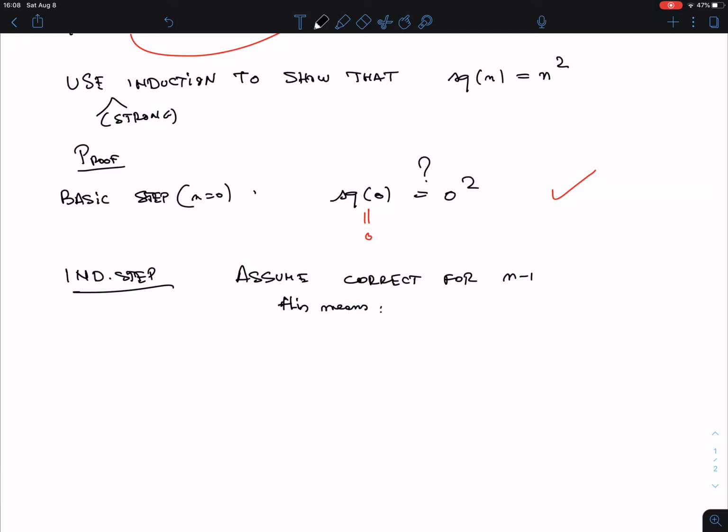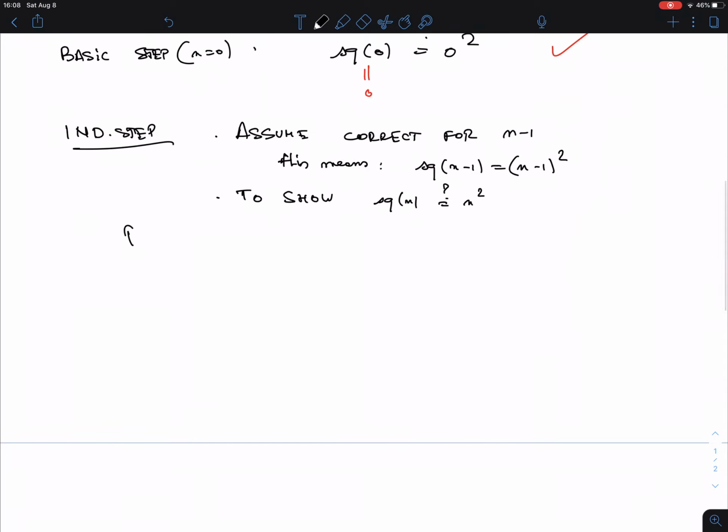This means that in this formula I can put in n minus 1, and it is true. So the square of n minus 1 is n minus 1 squared. To show that the square of n is n squared. So let's put a question mark on there, we don't know yet.